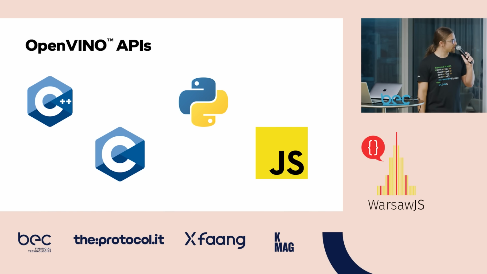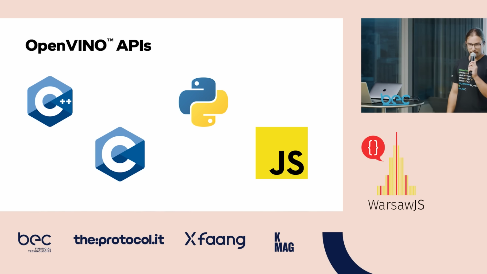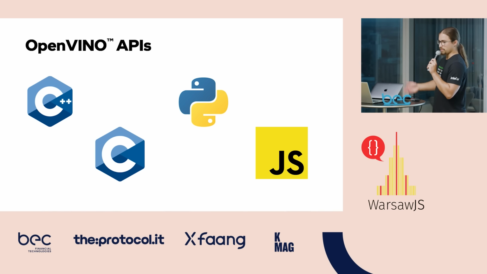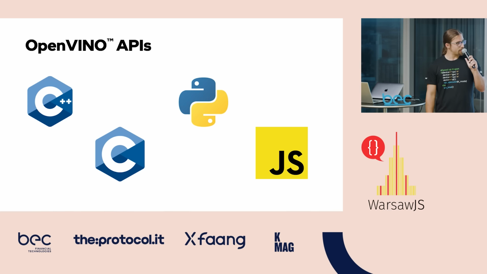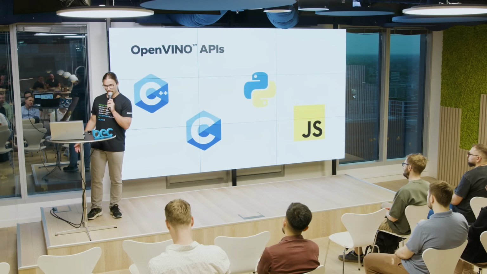OpenVINO is developed in C++, and this is the native language. So feel free to use it in C++ to visit the code and to see how it is built. But we have other APIs: C, Python, and what is most important for us today, JavaScript.